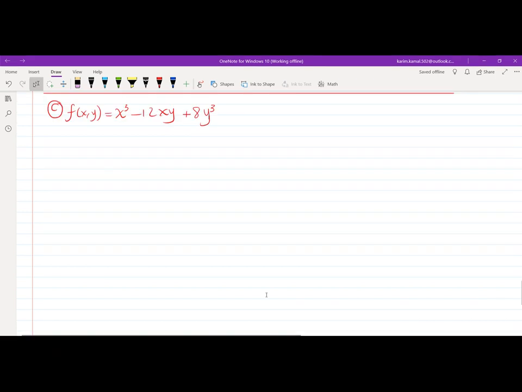And now problem number C. In the same problem number 5, we have to follow the same steps as in the previous problem.